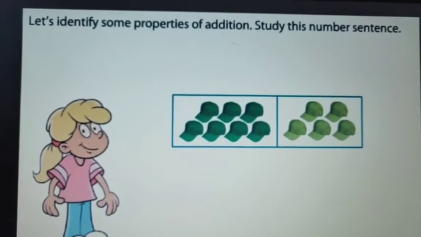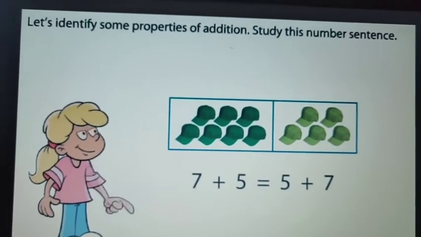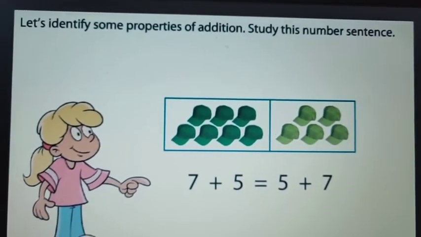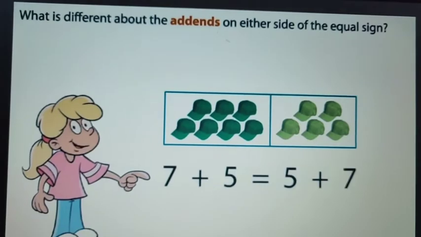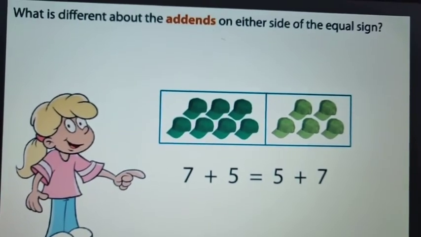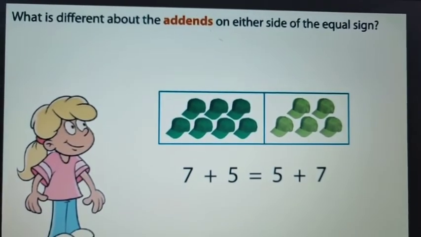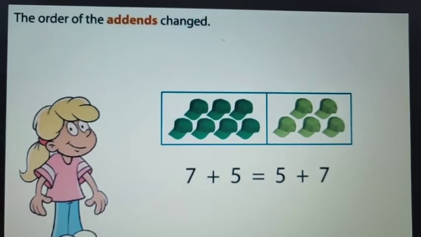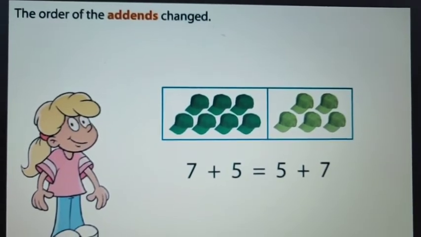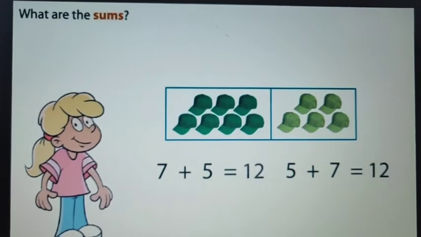Let's identify some properties of addition. Study this number sentence. What is different about the addends on either side of the equal sign? The order of the addends changed. What are the sums?